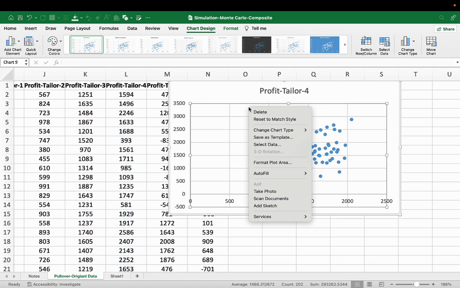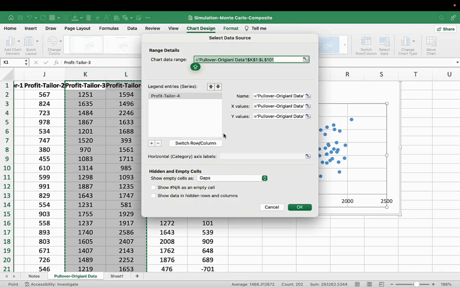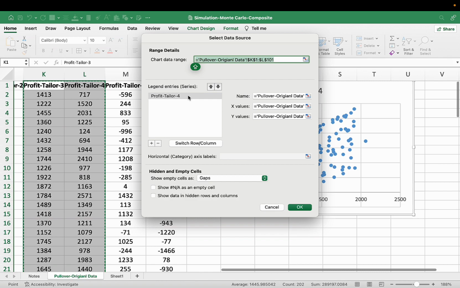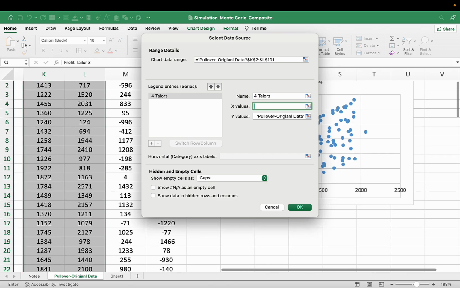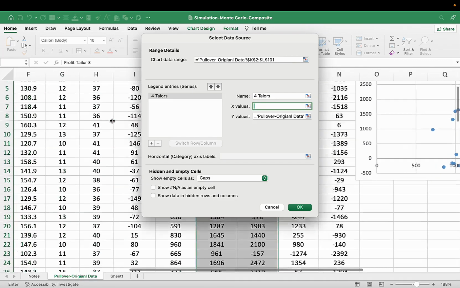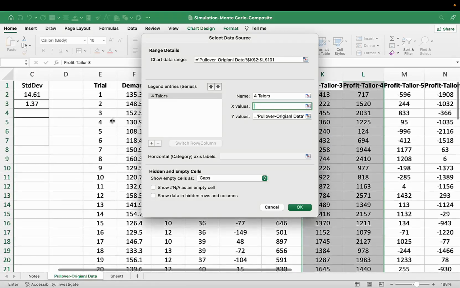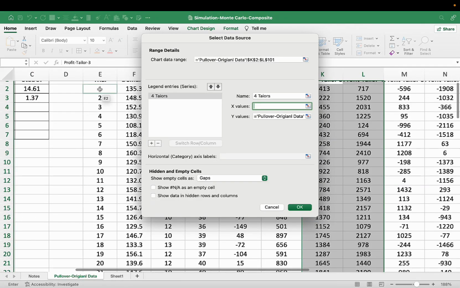For that purpose, right click here and select data. Okay, so let me call it, it's already 4 tailors. And the x value, what's the x value? The x value is the number of simulations. So this is the one that we are going to use. We didn't use it earlier.